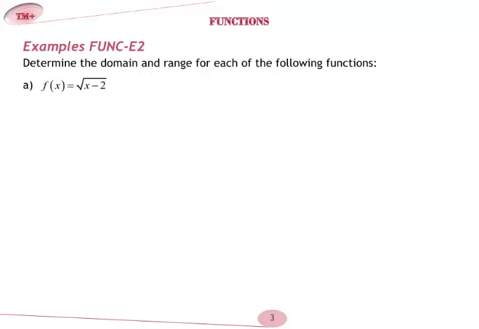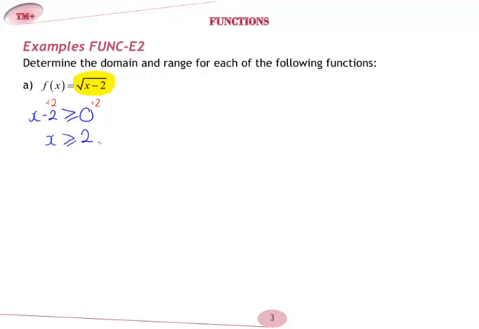So let's start by looking at our first function, which is f of x equals the square root of x minus 2. Because we can't square root a negative number, we can say that x minus 2 has to be greater than or equal to 0. If I add 2 to both sides to get x on its own, I have that x is greater than or equal to 2.